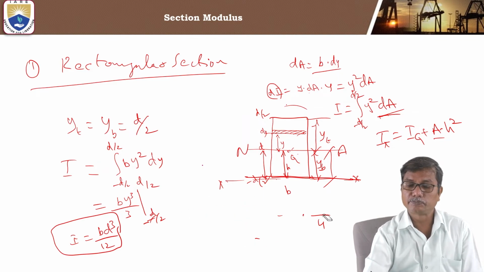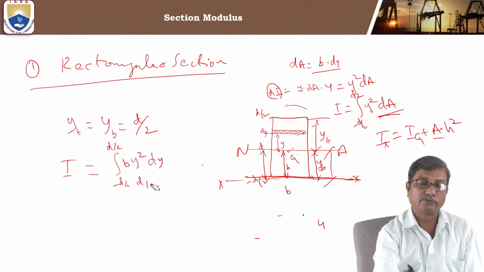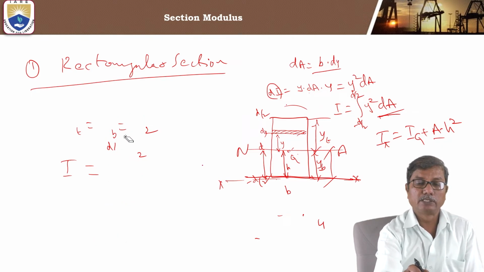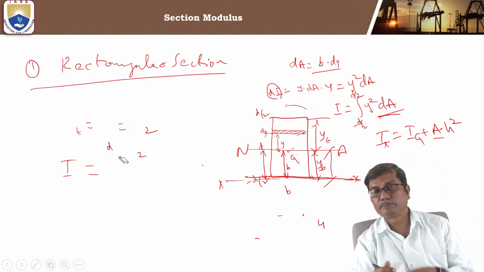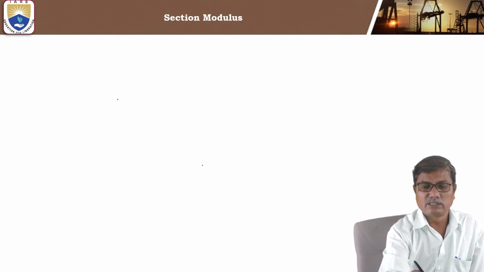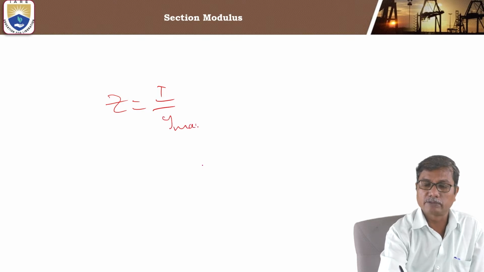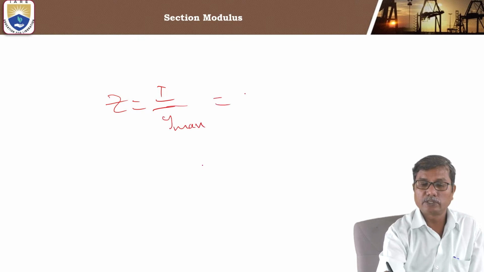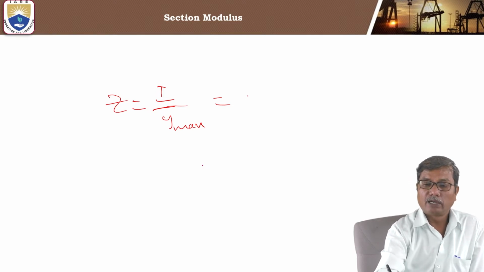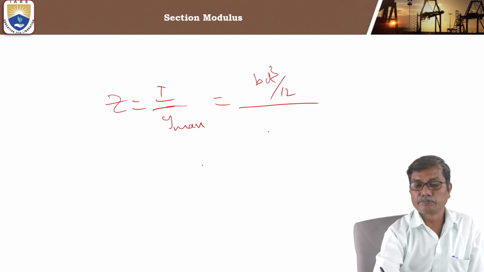Once you find the moment of inertia and you know the distance of the extreme fiber, the maximum distance, then we can find the section modulus as I by y maximum. So what is I here and what is y maximum? I is bd cube by 12, just now we have seen, and y maximum is d by 2.